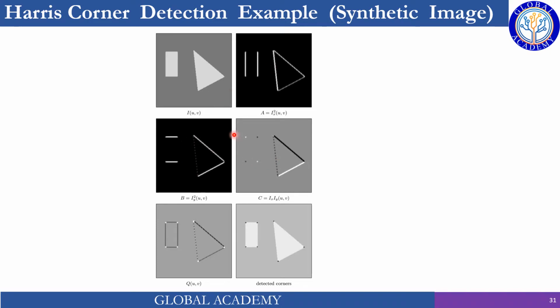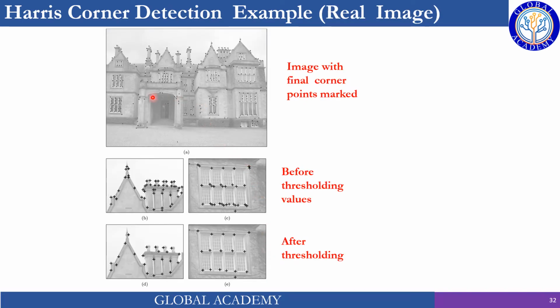And then at each point you can compute eigenvalues, and based on the eigenvalues you can make a good idea of the corner. So here are the identified or detected corners. Here is another image with so many corners, which are then selected based on some thresholding. We can even refine our thresholding and get a better estimate of the corners.